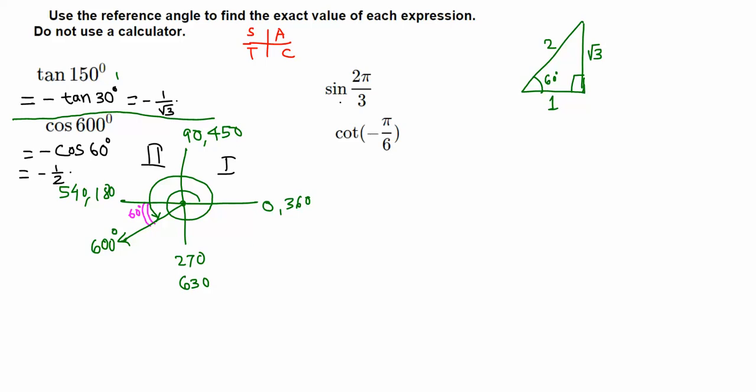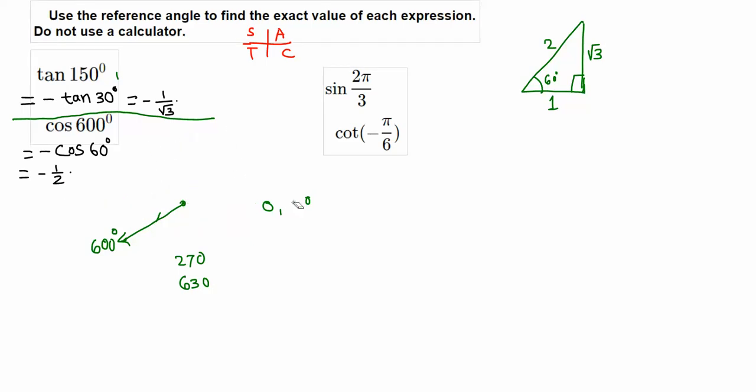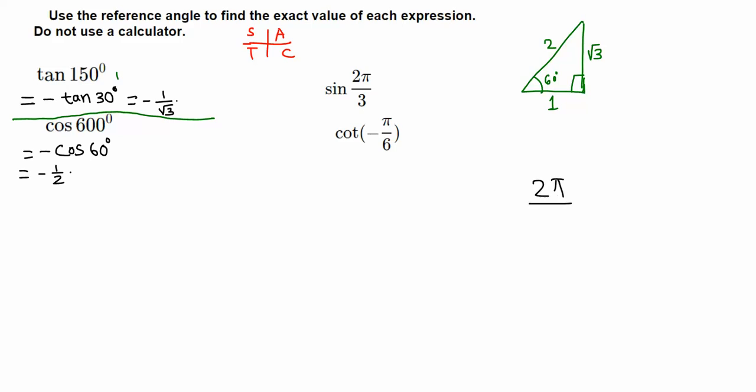Next, let's find the value of sine 2π/3. We want to find the quadrant where the angle 2π/3 lies. We can always change the angle into degrees.